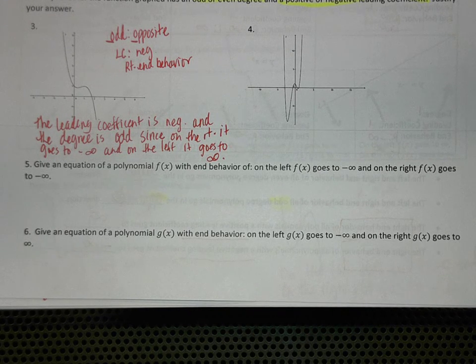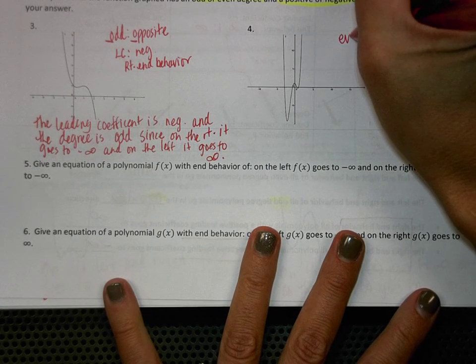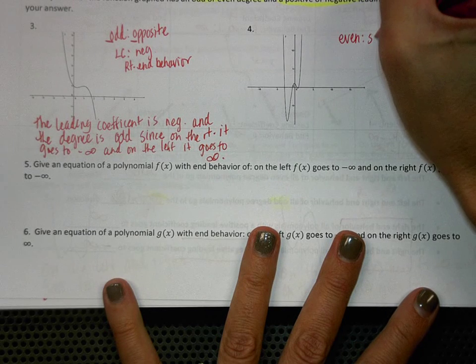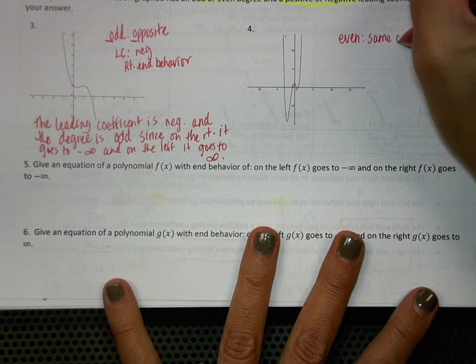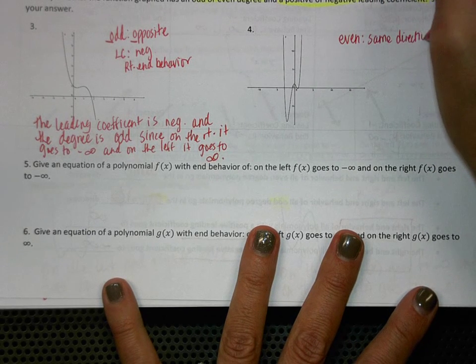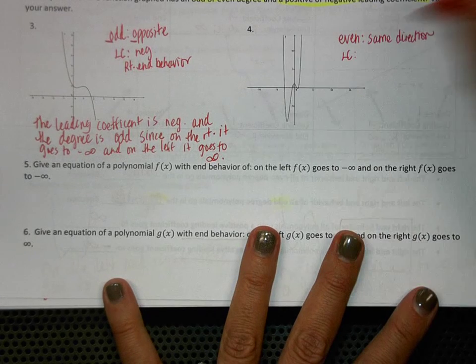Okay, number 4. So again, we have to decide, is it odd or even degree? And my leading coefficient, would it be positive or negative? So is it going to be odd or even? Even. And how do we know that it's even? Same direction. Okay, leading coefficient, is it going to be positive or negative?